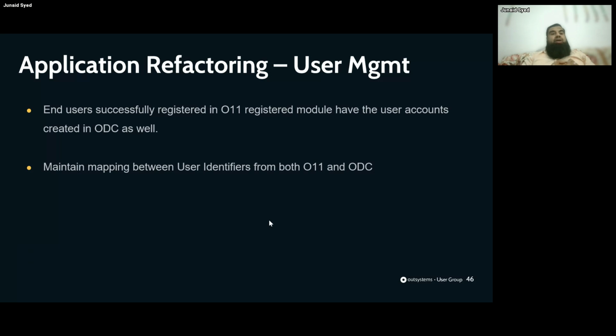If you remember the ultimate picture we wanted, the registration part we kept in O11 itself. But once users successfully register, they have to start using the other applications which are being migrated to ODC. So we had to establish a relationship between the user account in O11 and the user account in ODC. We maintained that through a mapping between the user identifiers on the two platforms.